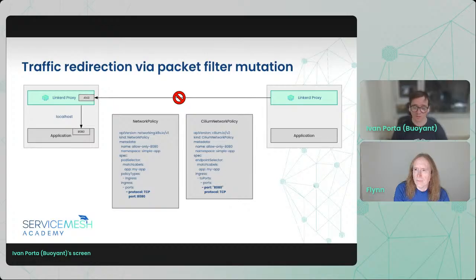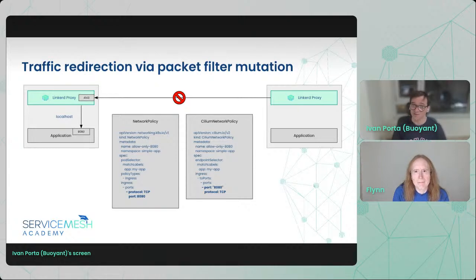So let's say you blocked everything, and then you allow the client and server to talk only on port 8080 for inbound. On the left we have the server, and 8080 is the port used by the application.